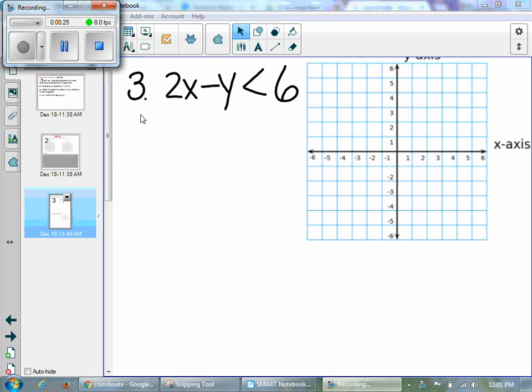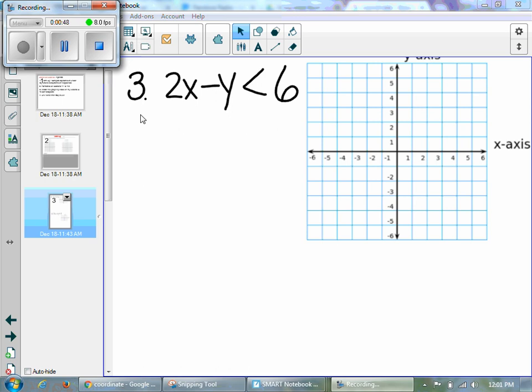Now, sometimes it's easier just to graph with x and y intercepts instead of solving for y and putting the equation or the inequality into slope-intercept form. So if you remember the definition of an x-intercept, it is a point on the x-axis, so my y value would be 0.